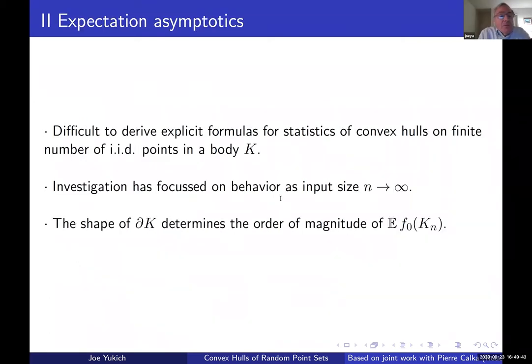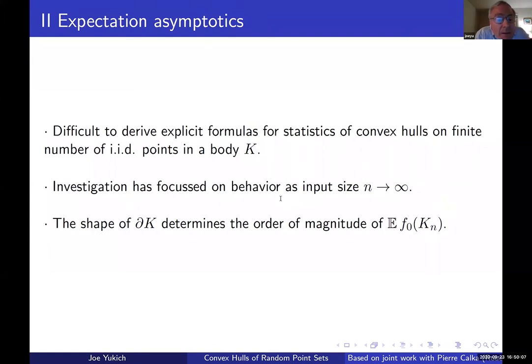All of this is to try to convince you that it's difficult to derive explicit formulas for statistics of convex hulls on a finite number of I.I.D. points. The formulas are quite messy and quite complicated, and there are no guiding principles like monotonicity.